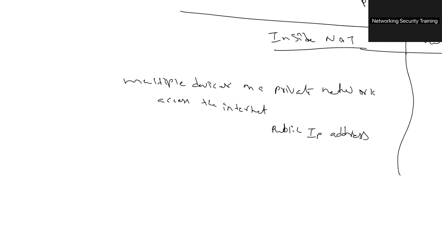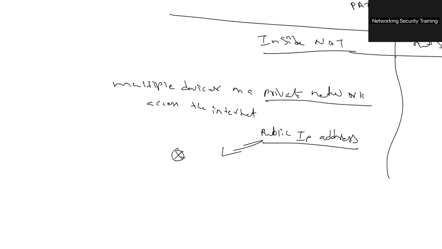The NAT device, usually the router, keeps a translation table to track which internal devices are using which port on the public IP address. So inside NAT primarily handles outgoing traffic.